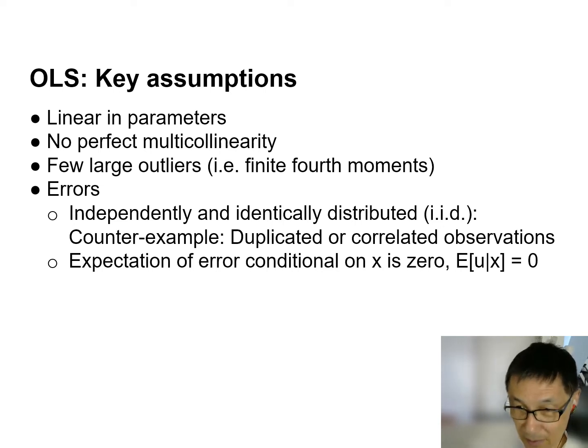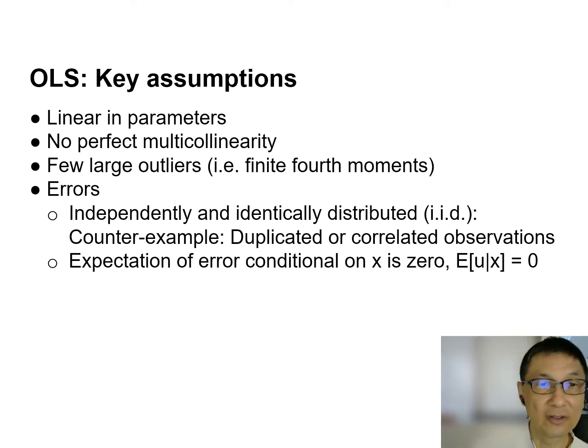If they completely move together, which is statistically called multicollinearity, then it won't be possible to estimate the ordinary least squares. The third condition is that there are few large outliers. And the technical condition is that the fourth moment of the relationship must be finite. And most importantly, the two conditions on the error terms.